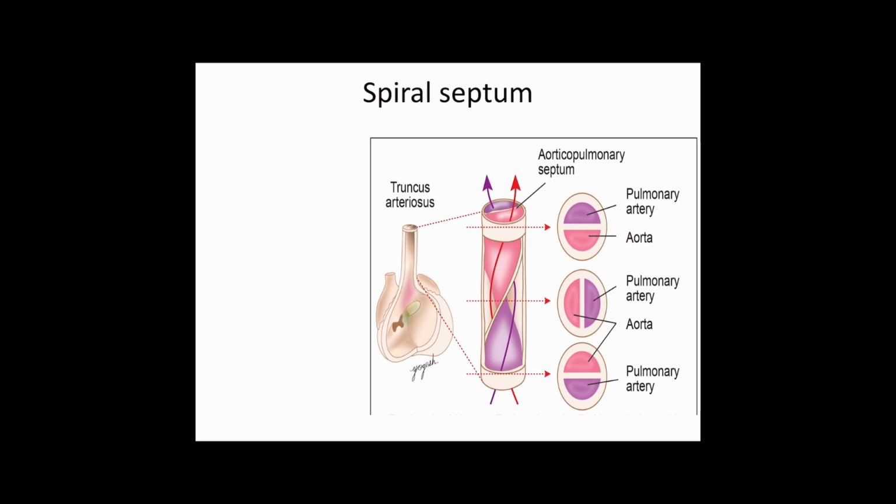Okay, the septum is spirally situated. Now understand here the concept of transposition of great vessels. If this septum, instead of developing spirally as in the normal, develops in the opposite direction, the aorta would be anterior in the lower part. Okay, this is transposition of great vessels.